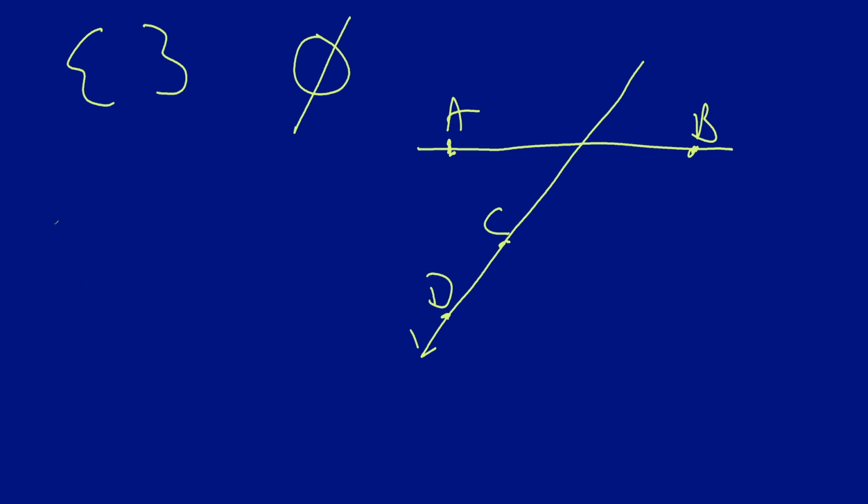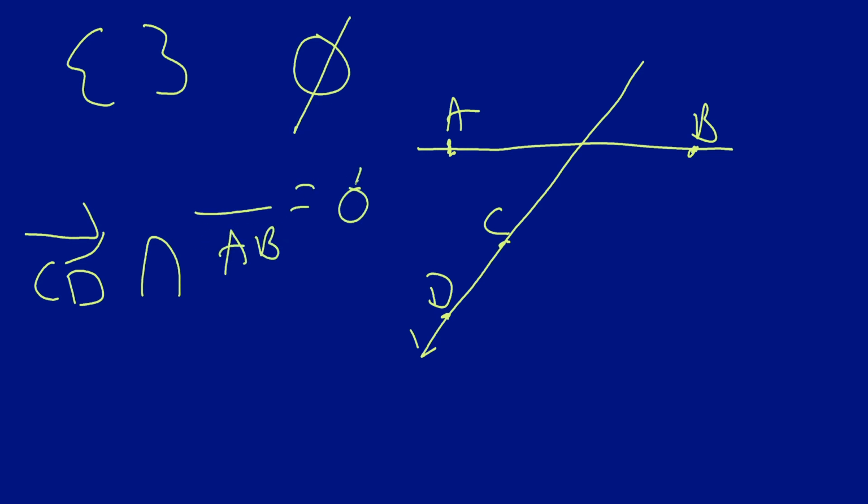So ray CD, and the intersection of with line AB is going to yield an empty set like that.